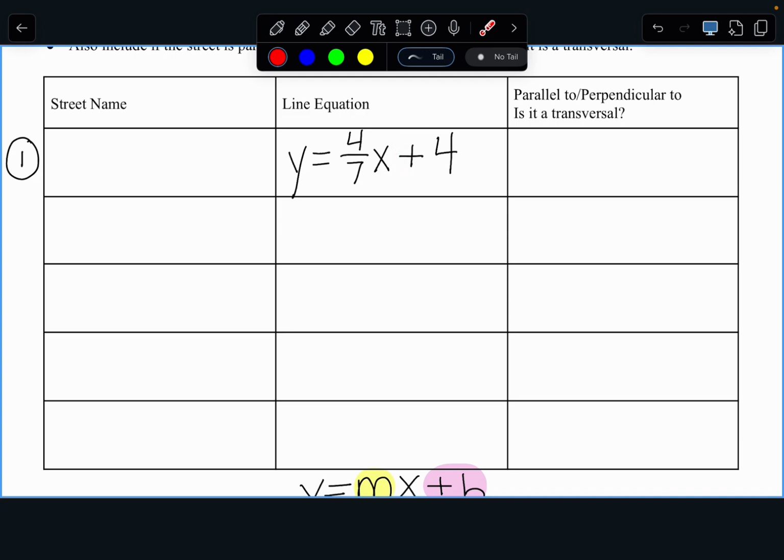My line went up to the right in a positive, so that's why this is a positive 4/7. If it had gone down 4, right 7, this would be a negative 4/7. Does that make sense for your first line?